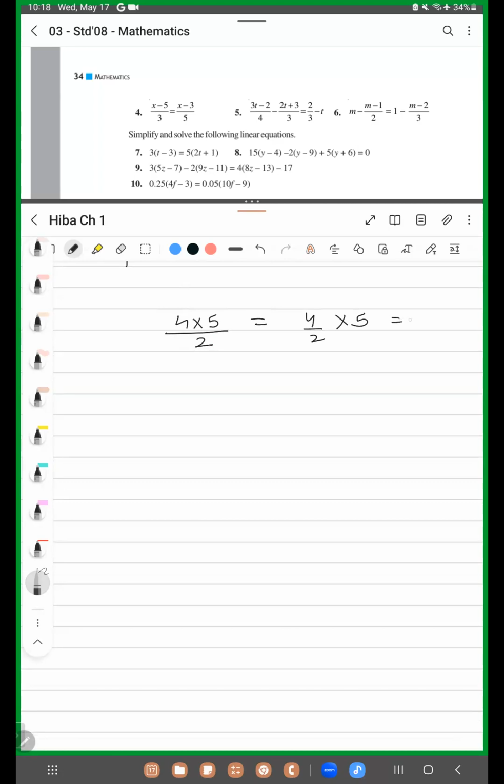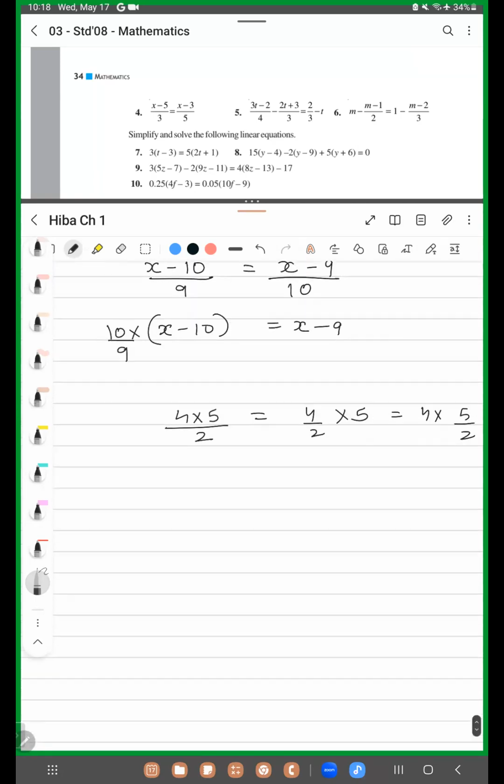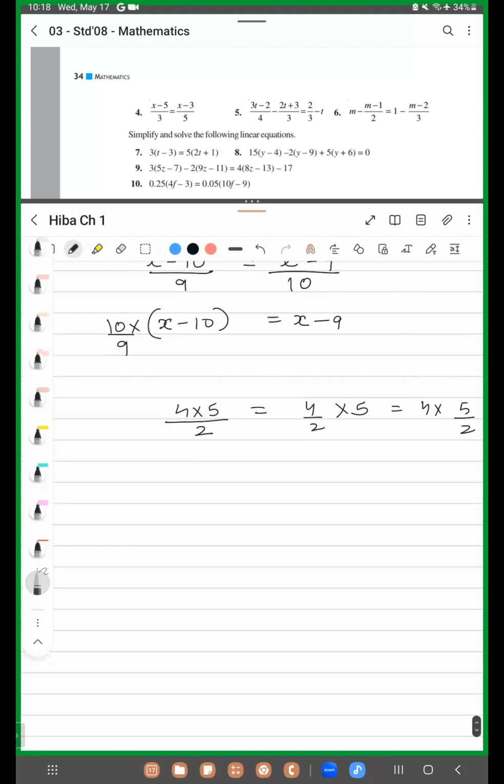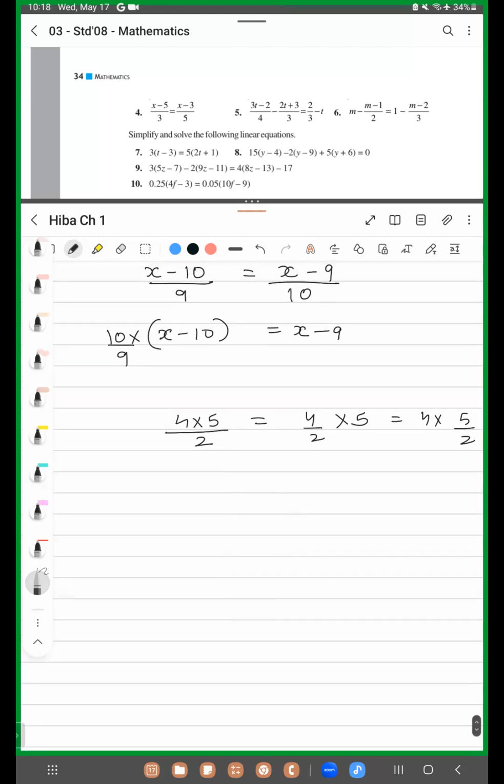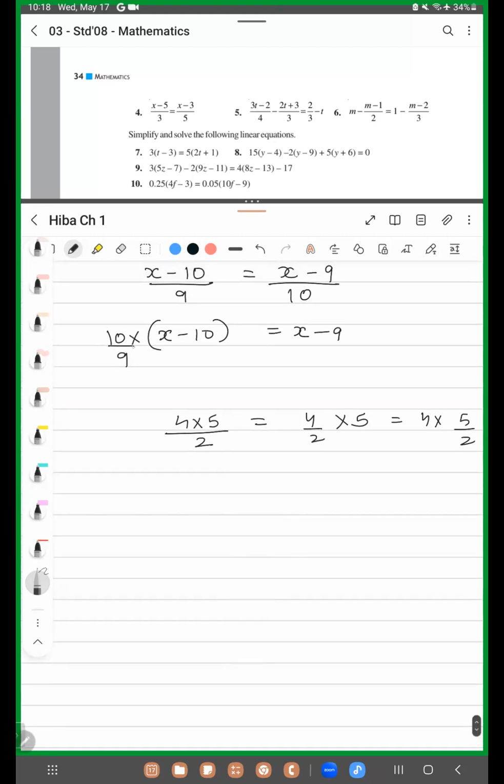Or if I do 4 into 5 by 2, same thing or different? Same. तो यहाँ पे बताइए, why is it different? I was just asking about this 9, कि यहाँ पे इस 9 को हम यहाँ लिखें या हम इसको यहाँ लिखें, it's gonna be the same thing, right? Yeah. Okay, ठीक है.